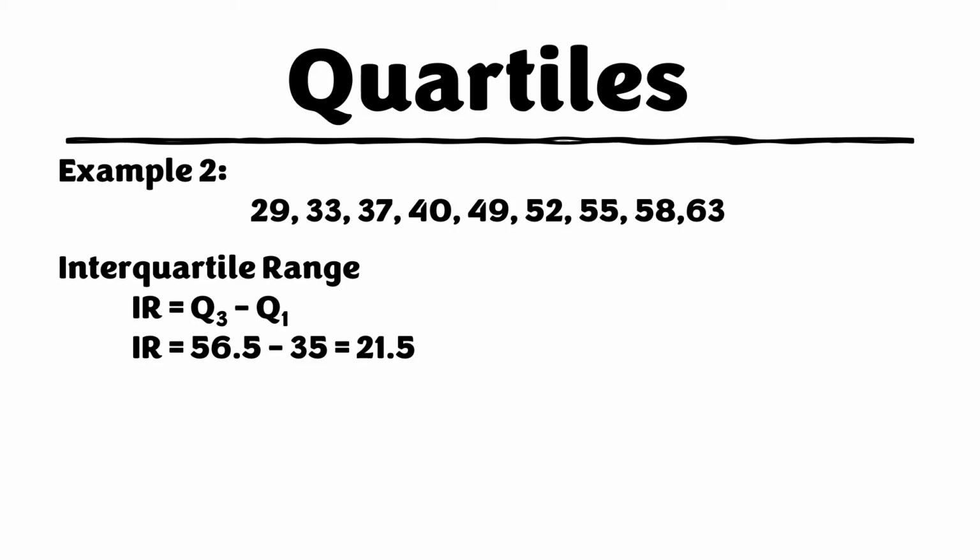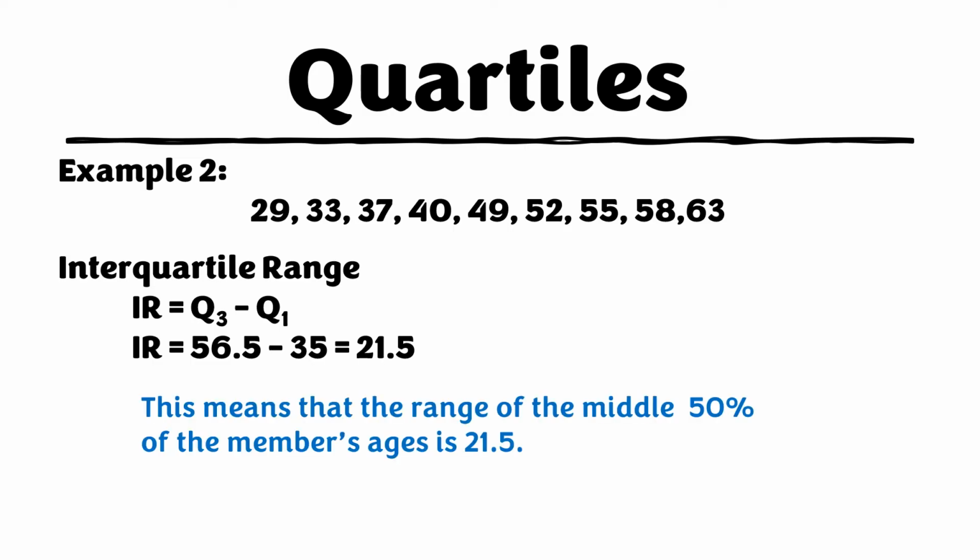And then Q sub 1 is 35. And then 56.5 minus 35 is equal to 21.5. So the interquartile range is 21.5. This means that the range of the middle 50% of the members' ages is 21.5.